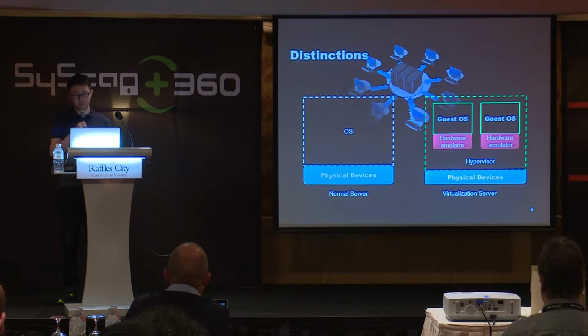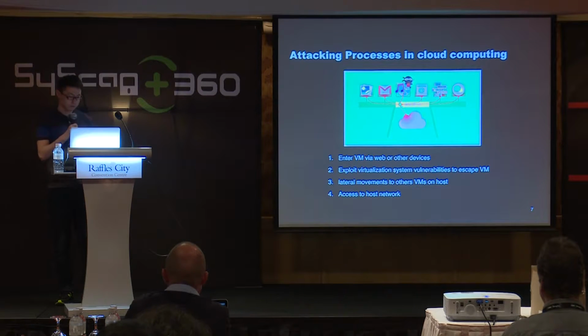They slip into the guest machine and launch attacks on the server and the core network. We call this kind of attack a virtual machine escape. The virtual machine escape is the most dangerous and brand new attack in cloud computing environments.